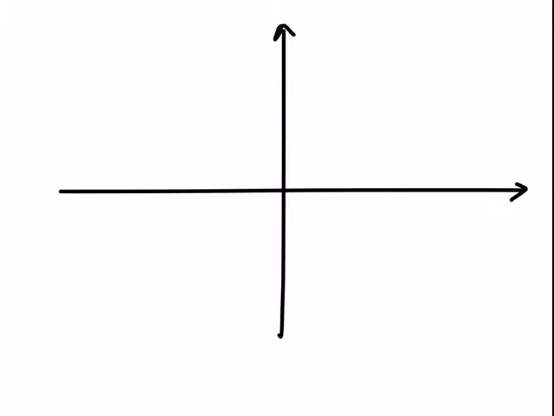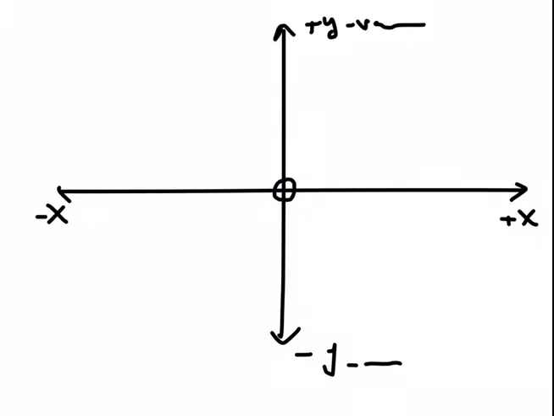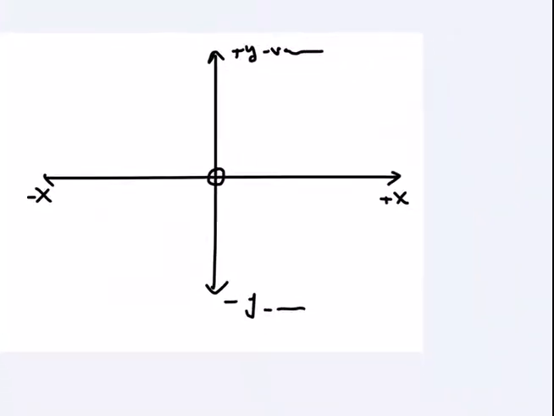Obviously we know that here we have the positive y values, here the negative y values, here the positive x values, and here the negative x values, with the center being the origin, 0 there. So let's see.